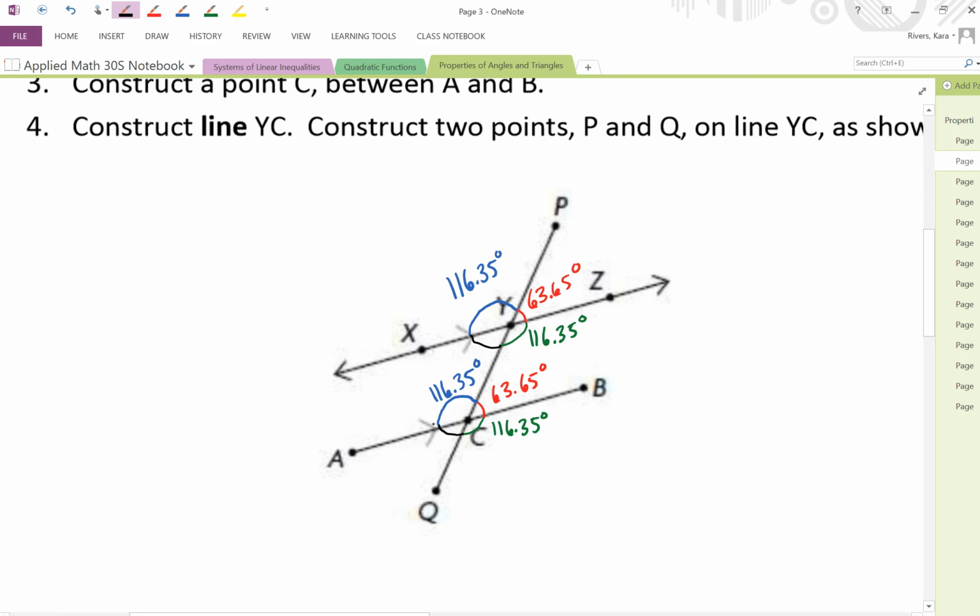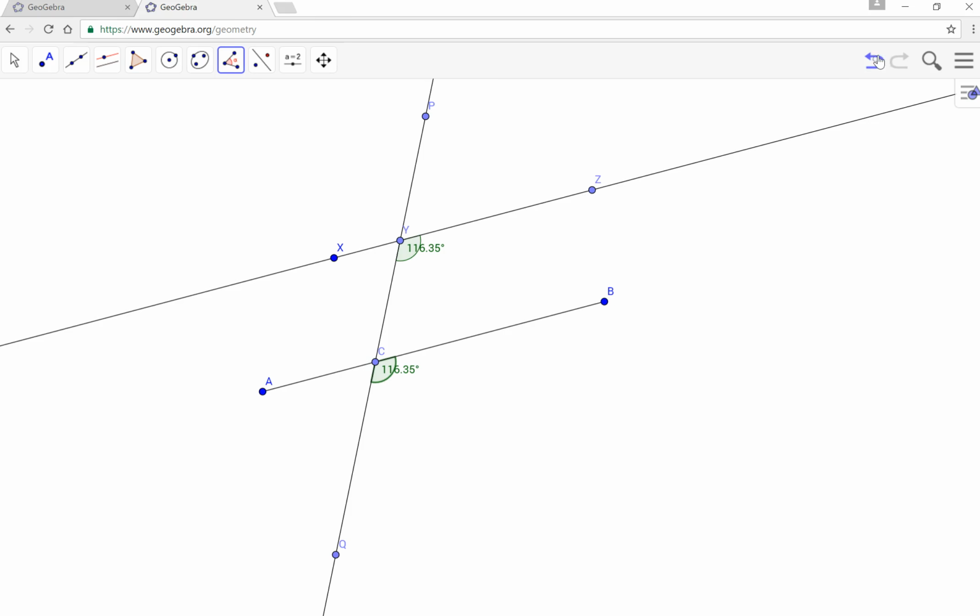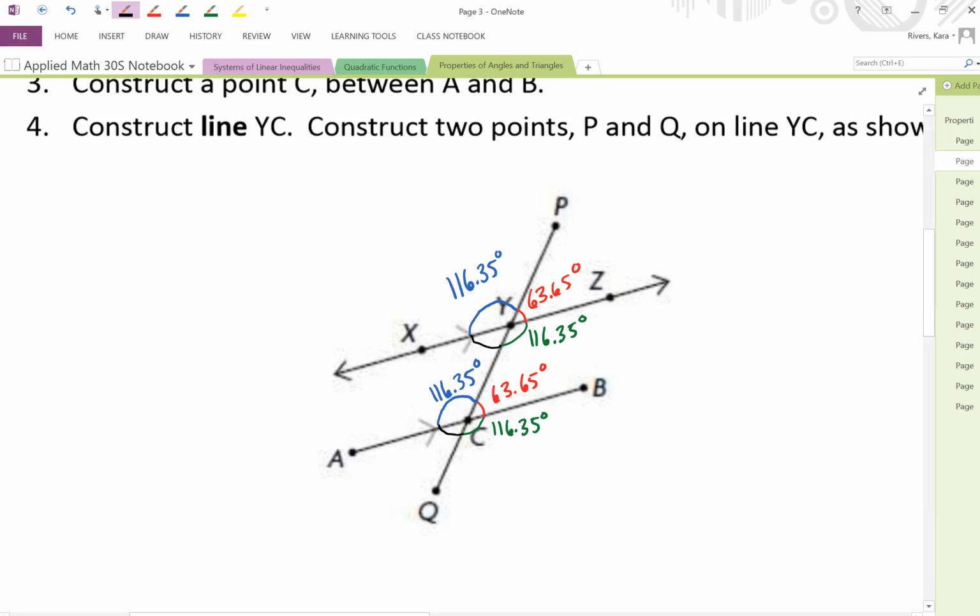And let's just measure them just to be sure. And that would be X, Y, C. Yep, 63.65. A, C, Q, 63.65. So let's go ahead and put those on there. Okay, so those are all the angles measured.